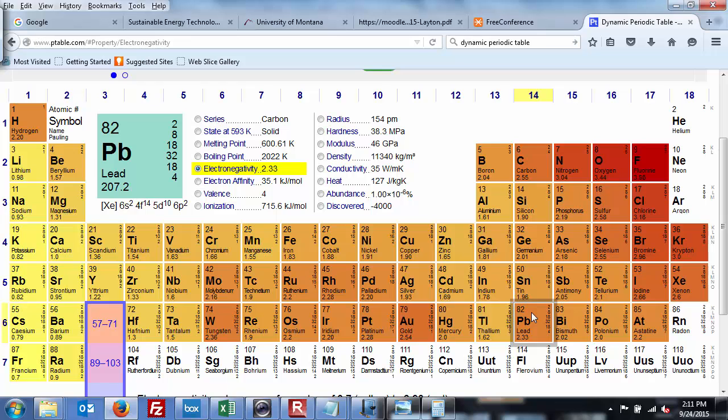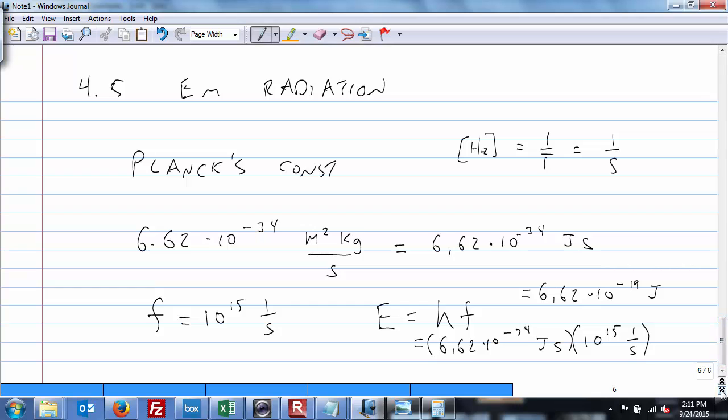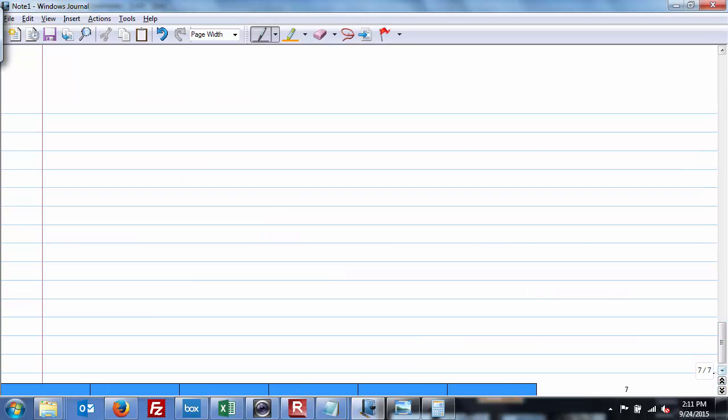Okay. Next, the other things that are mentioned here in the text. Let's get into this. So 4.6 chemical.